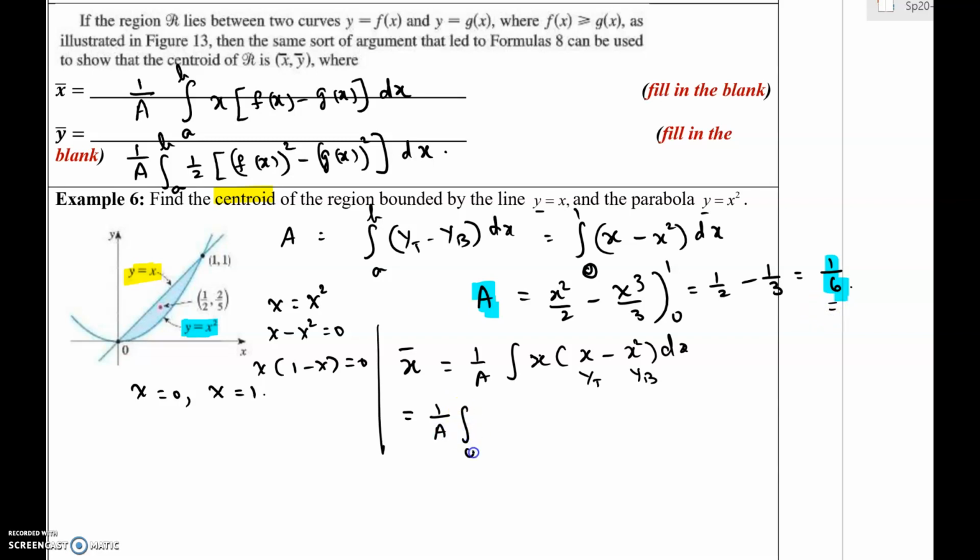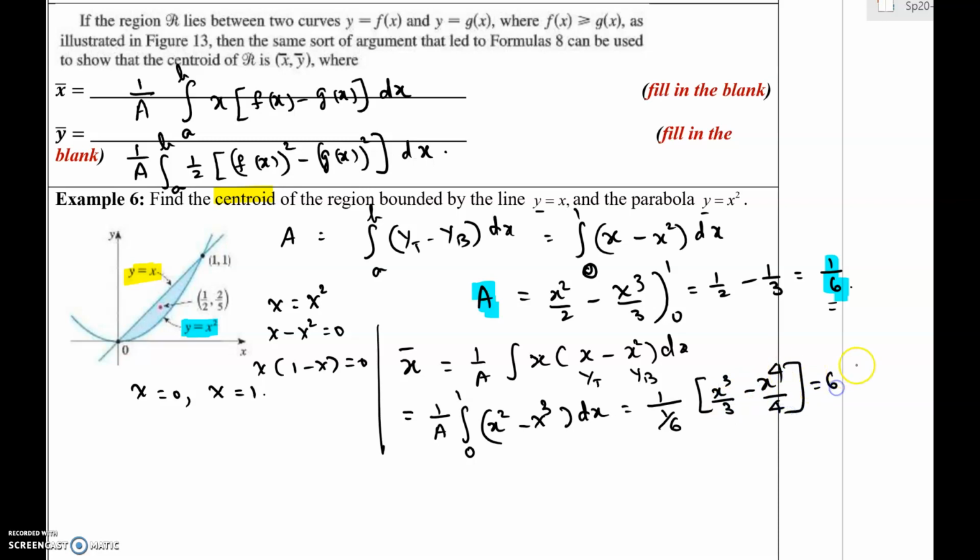This integral, where the two curves meet, between 0 and 1, x times, if you distribute the inside, is x squared minus x cubed dx. And outside we have 1 over 1/6, which becomes 6. We integrate to get x cubed over 3 minus x to the power 4 over 4.